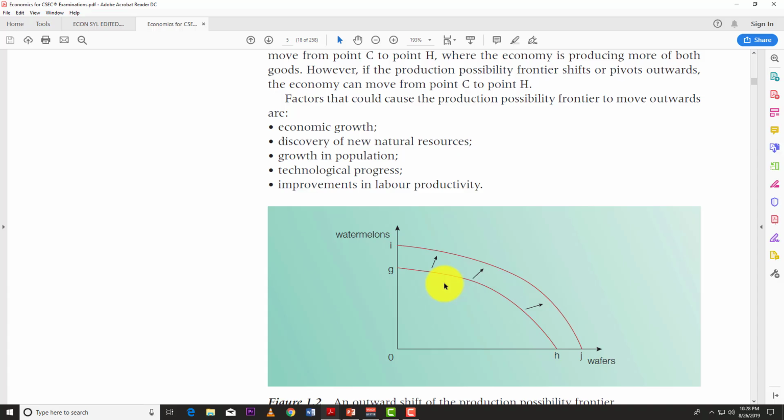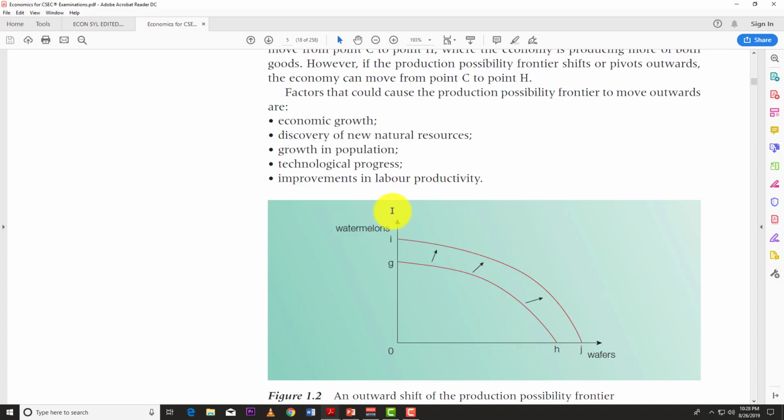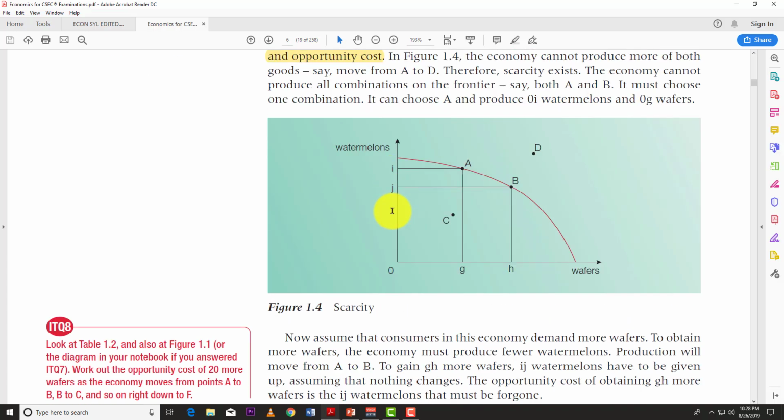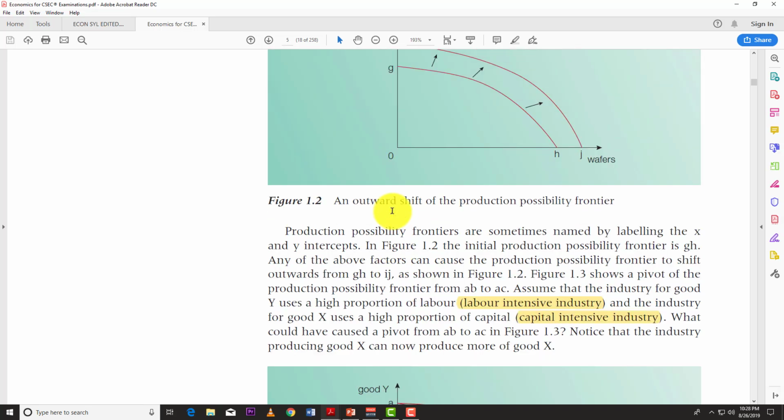You have a number of factors that can cause the economy to shift, and they are these: 1, 2, 3, 4, 5. Five factors. There are more, but these are the main five that can cause the economy to shift its production possibility curve outwards. It can also shift inwards, which we will discuss later on. But for now, let's look at what would cause it to shift outwards.